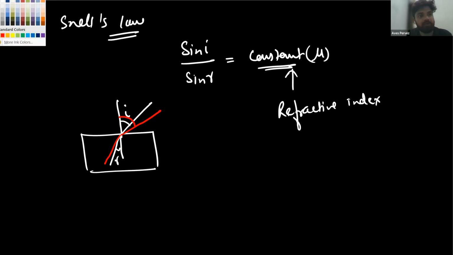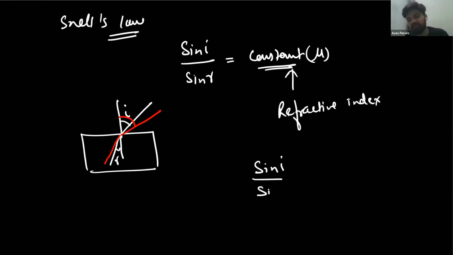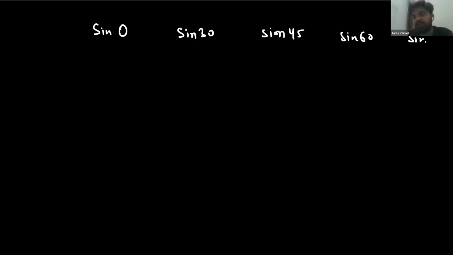Sine i by sine r, where i is the angle of incidence. Have you studied trigonometry in mathematics? Yes, sir. There are the values sine 0, sine 30, sine 45, sine 60, and sine 90.